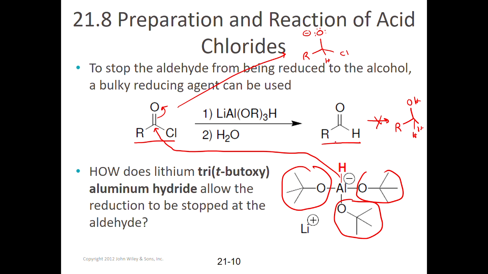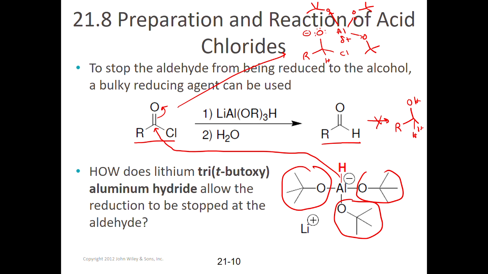So what happens here is when these electrons swing up to this oxygen, it becomes negative. It forms a pretty strong attraction to the aluminum because these tert-butoxy groups on the aluminum are pulling electrons away from it through induction, creating a lot of partial positive there, and the oxygen will form an attraction.